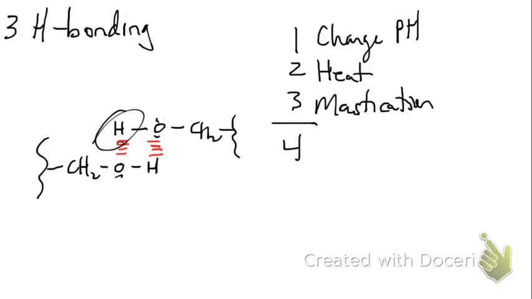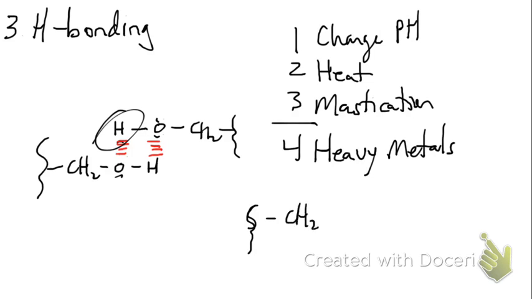And then the last one, and this is why these things are so poisonous, is heavy metals. Right? And heavy metals not only break hydrogen bonds, but they can also break disulfide bonds. They can also prevent disulfide bonds from forming through a very similar pathway. And so let's say we have our protein, and let's say we're looking at lead.